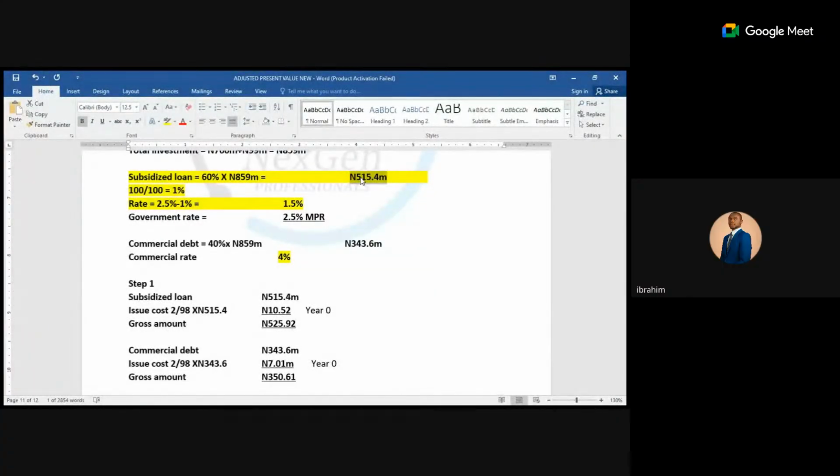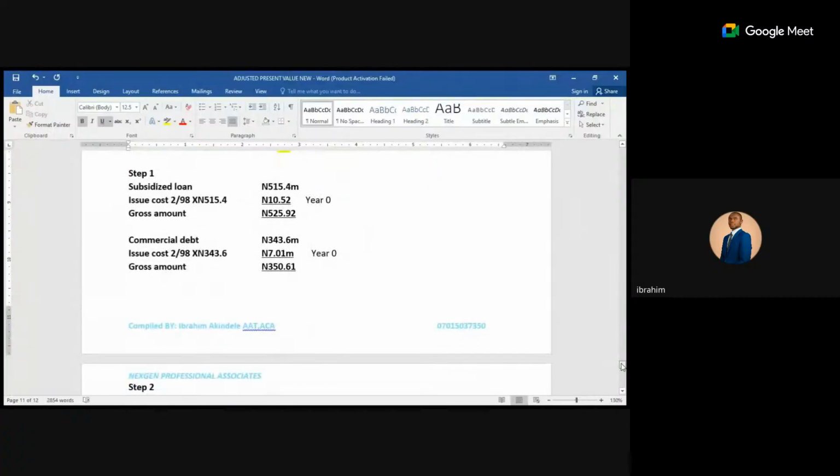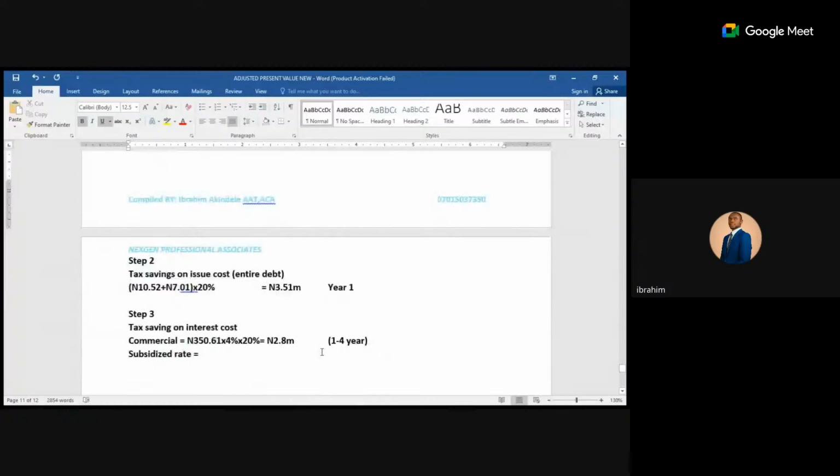But because of the nature of this question, that the project is being financed and the issue cost is raised to what is being used to finance the project, that is why we have the gross amount, the issue cost on the subsidized loan. Class, so we use the gross amount of 525.92.